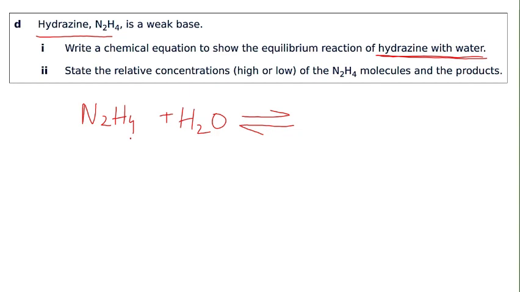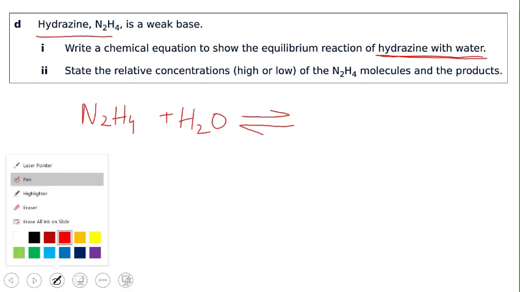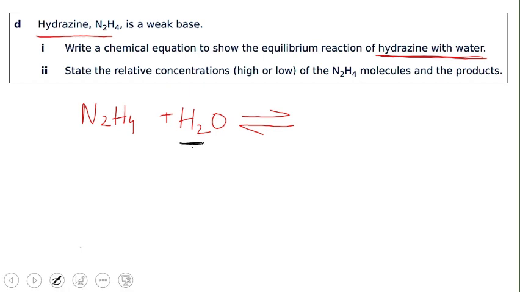Base means it has to accept a proton from the water. It has to accept these hydrogens from the water. If it is accepting both hydrogens, it means it is a strong base. Right now, we have to write an expression for N2H4 as a weak base. It means it will accept just one H positive from the water.